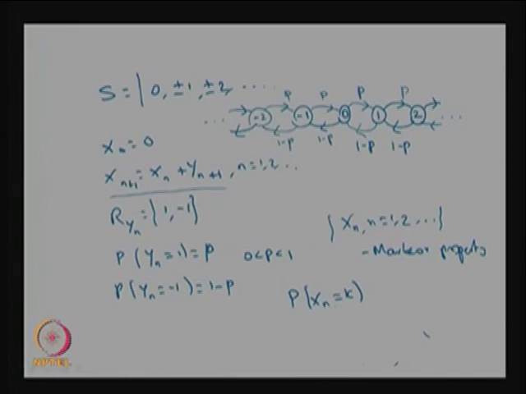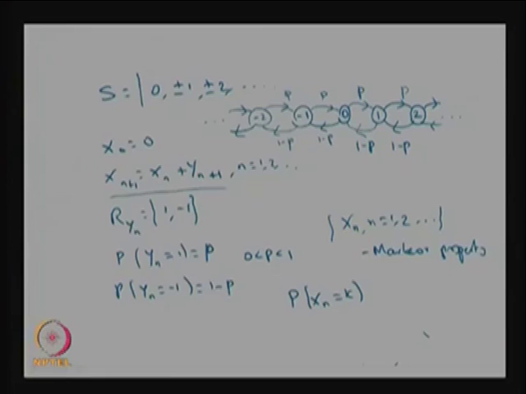Using that you can find out the distribution, and since we do not know the value of p, which lies between 0 and 1, I am not going to discuss the computational aspect of finding the distribution. This is left as an exercise and the final answer is provided.